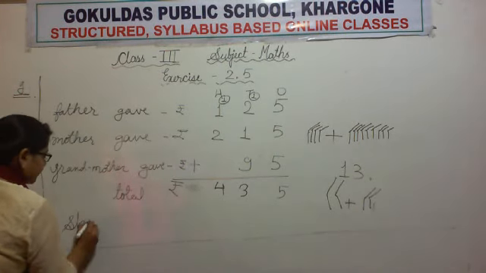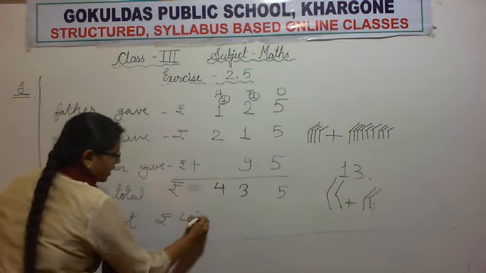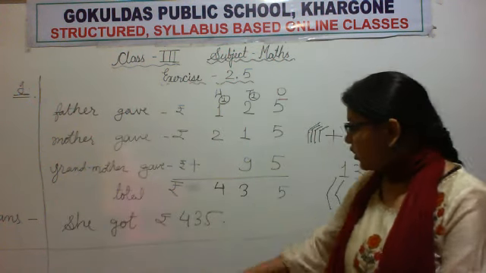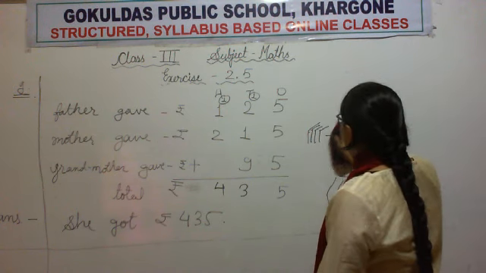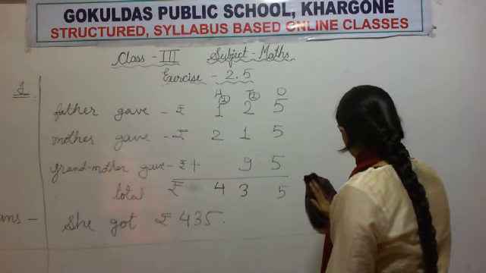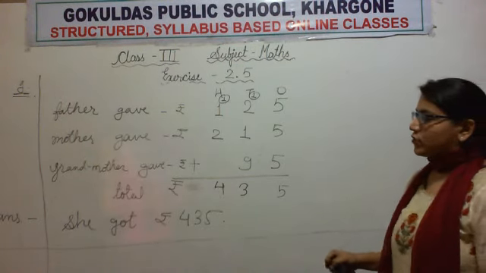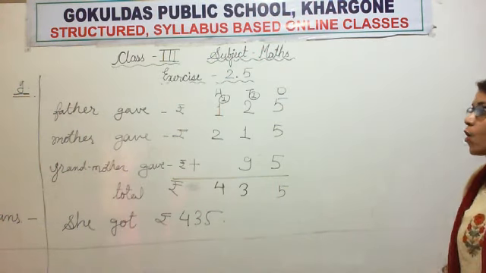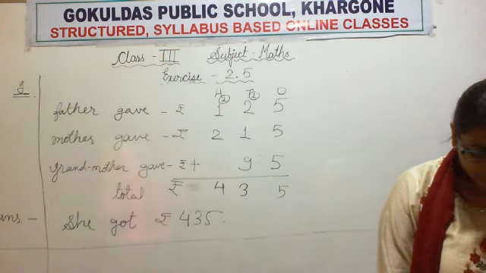So let's write the answer. She got how much money? Rupees 435. Again, use a ruler or scale for making lines, and this is rough work. The drawing of sticks is for our convenience. So this is our rough work. This is how we can solve addition stories of word problems.